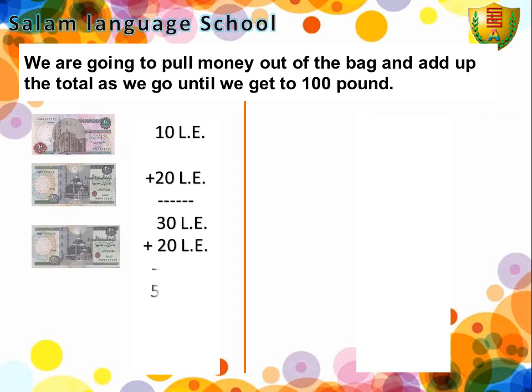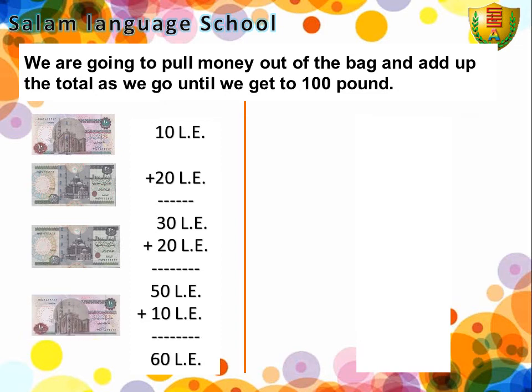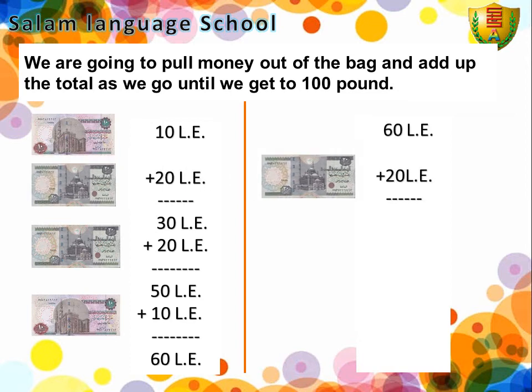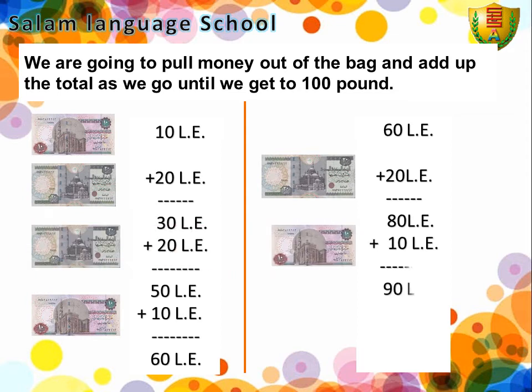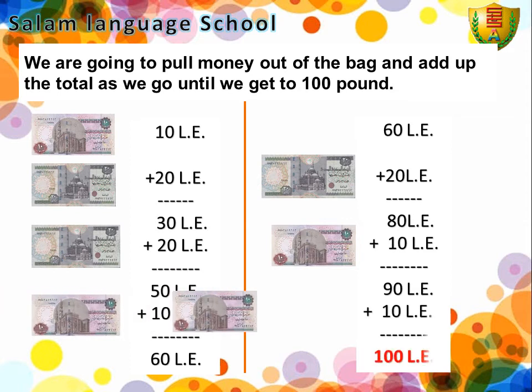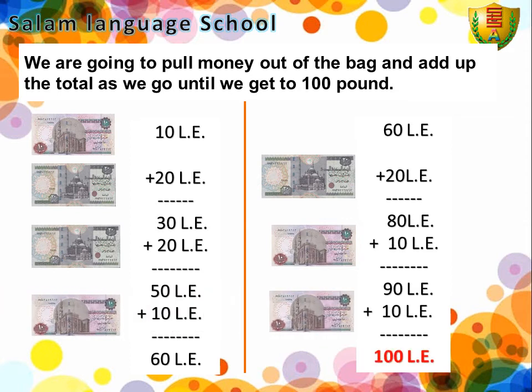Plus 20 again equals 50. Plus 10 again equals 60. Plus 20 again equals 80. Plus 10 equals 90. Plus 10 equals 100.